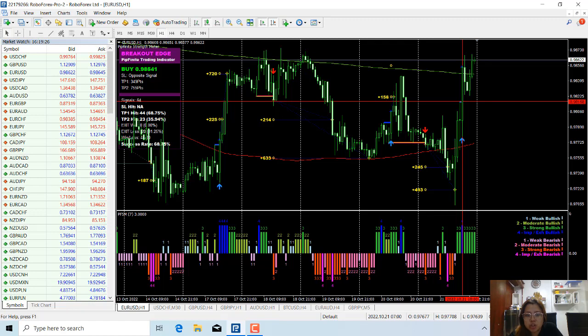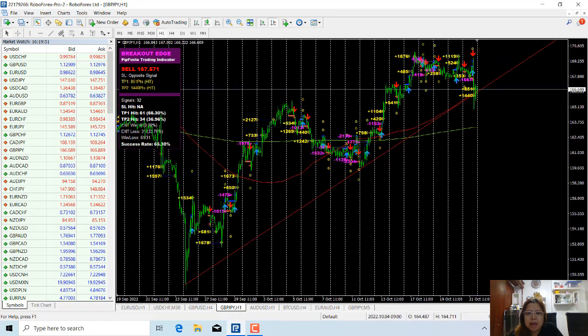Since I've mentioned in past videos that when you see a Breakout Edge signal at a high, I don't usually recommend trading it. Instead, I will wait for confirmation, and that confirmation will be a retest. So from this high, I'll be expecting a retest before I enter this trade for EURUSD.